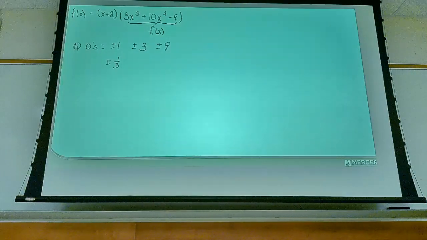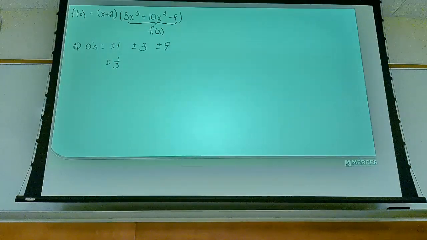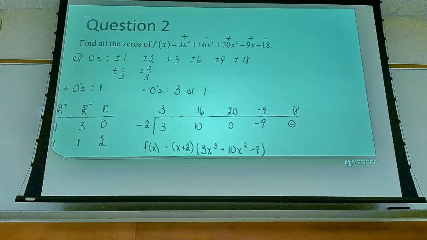But check the numbers you already checked. I checked 1, -1, and 2 in my notes prior to -2. None of those were zeros, which is why I made it all the way down to -2.